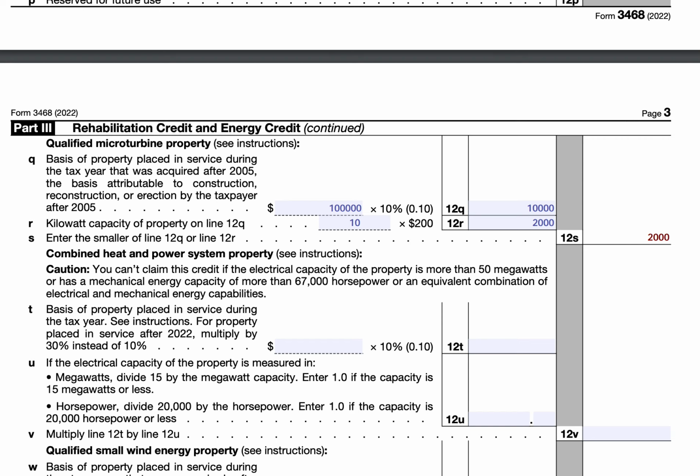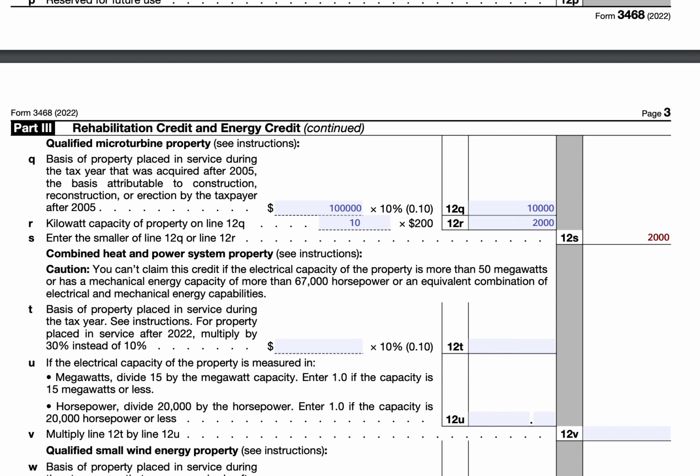And then we're going to move down to the combined heat and power system property, which you can't claim this credit if the electrical capacity of the property is more than 50 megawatts, or if it has a mechanical energy capacity of more than 67,000 horsepower, or an equivalent combination of electrical and mechanical energy capabilities.